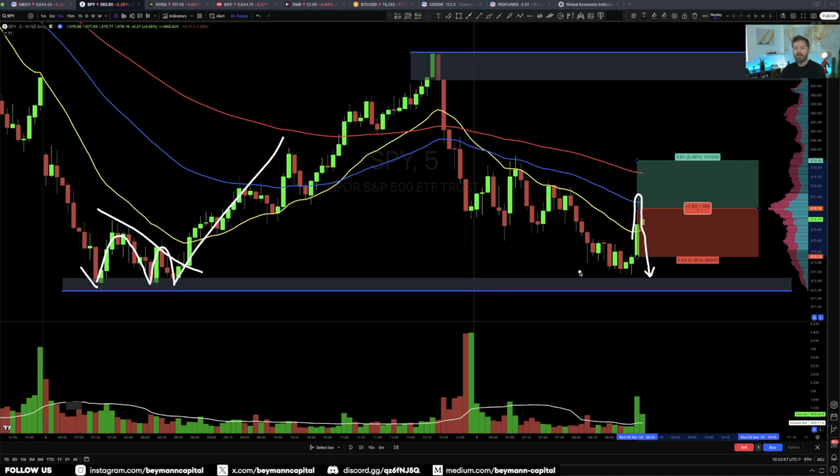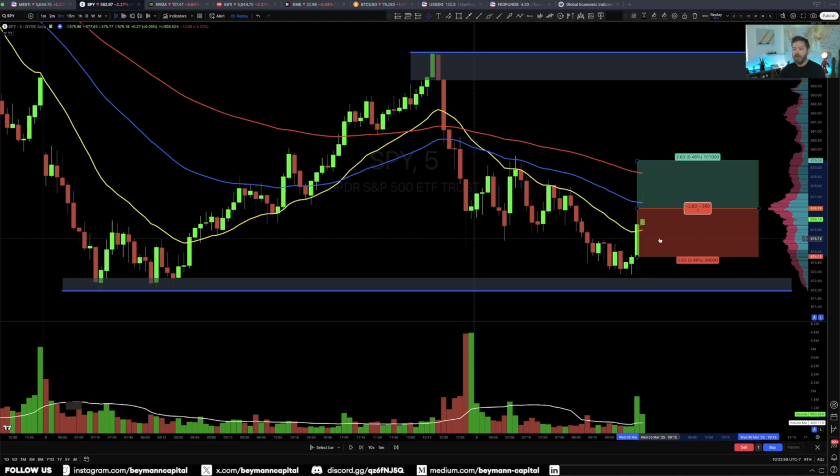So that's why you want to be safe and place your stop entry just above to catch this mini pullback and a continuation, which is not 100% sure at this point in time.